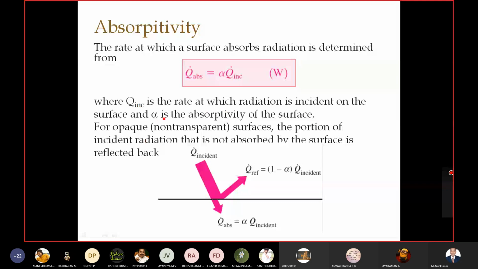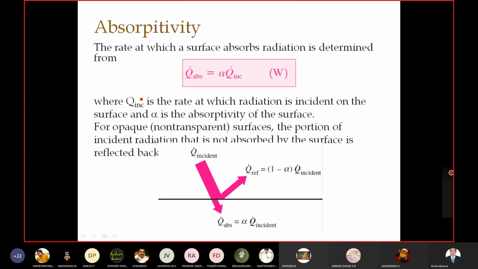So what is a transparent material and what is an opaque material? For an opaque material, the portion of incident radiation that is not absorbed by the surface is reflected back.